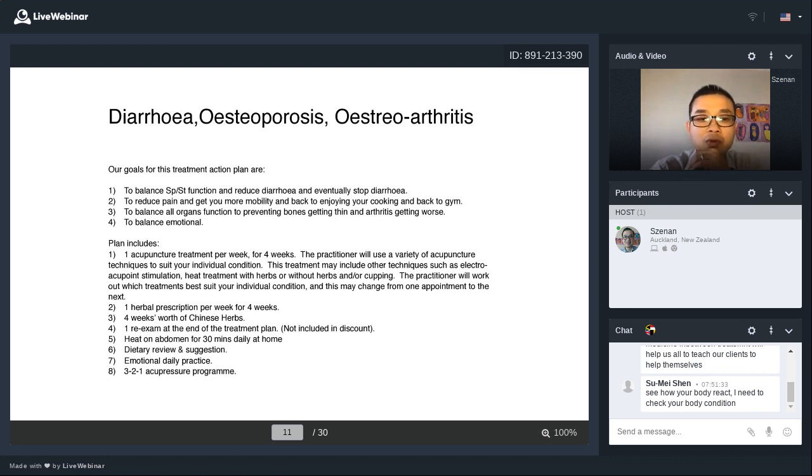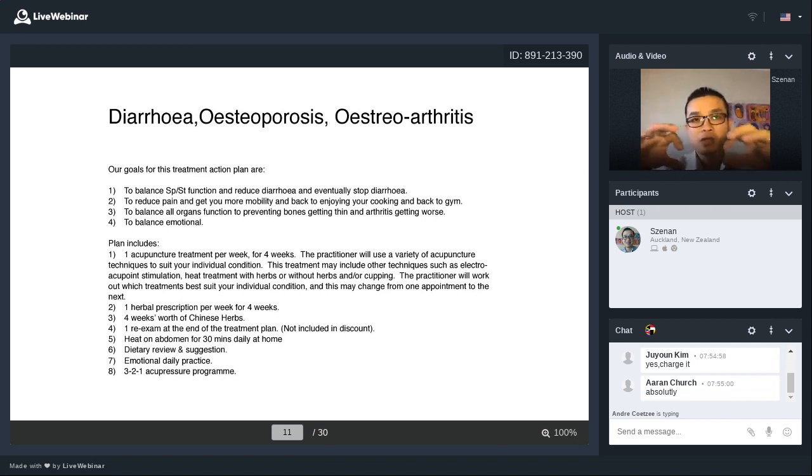Okay, and this is important. I used to miss out on this one because I used to just do acupuncture. If they needed herbs, I just gave them herbs, and I didn't charge extra. But now I do. We've been doing it this way. All right. So 4 weeks' worth of Chinese herbs is we give them herbs, and the herbs are all extra.